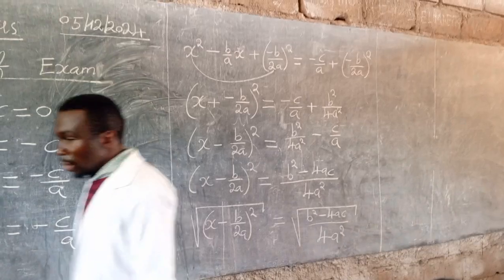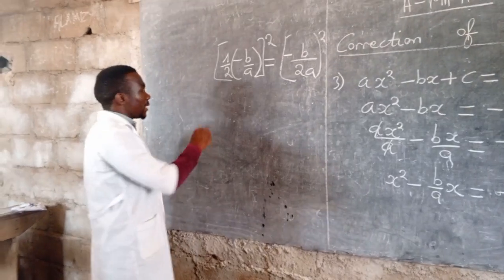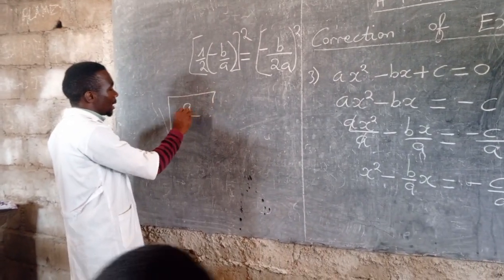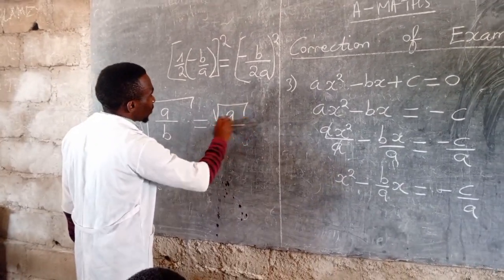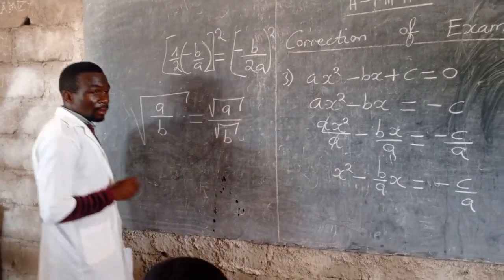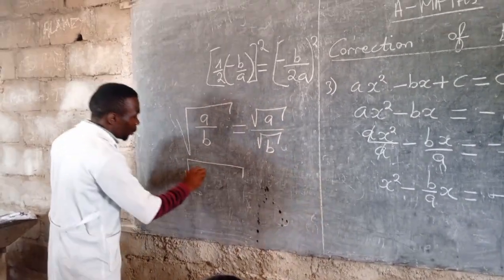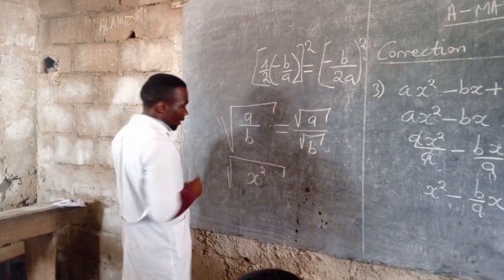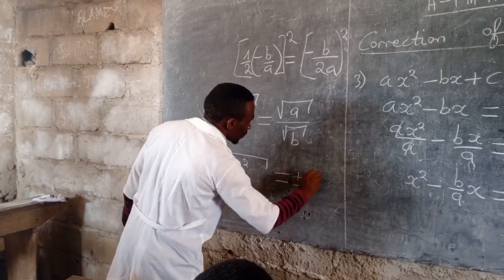Remember, when we treated indices, sets, and logarithm, I mentioned something like this. If you have the square root of a fraction like a over b, it is simply equal to the square root of a over the square root of b. Next, if you have the square root of x squared, it is simply equal to plus or minus x.